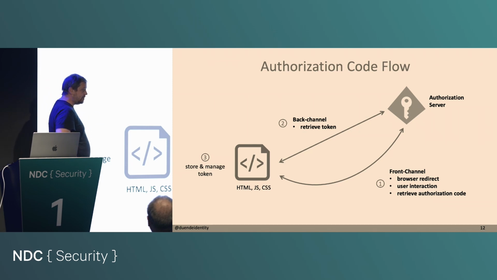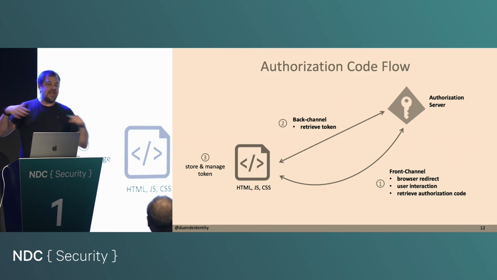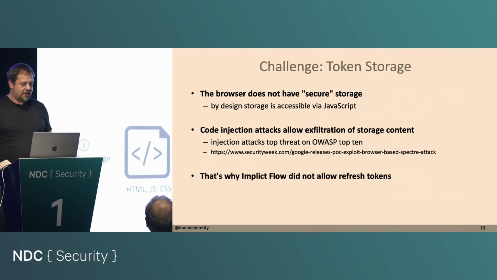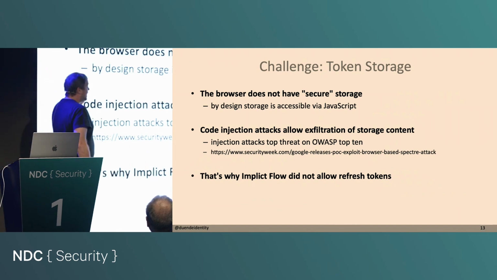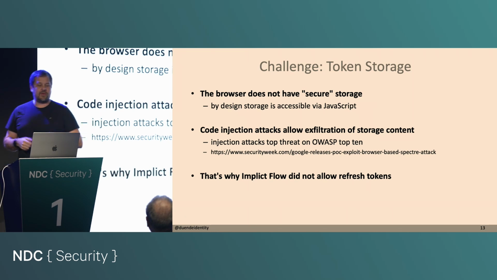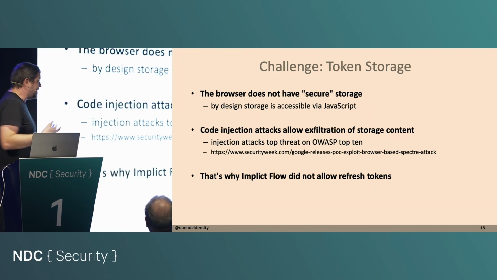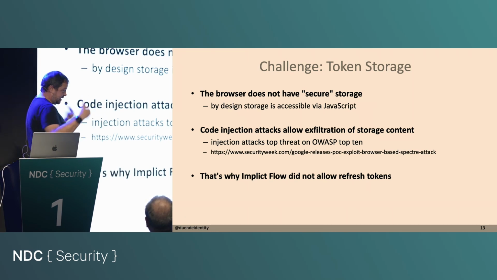Once you have cross-site scripting or other similar things, you can either exfiltrate that token or reuse some other state in the front end to get your own tokens. So that's the main problem here. Token storage is an unsolved problem in browsers. There is no secure storage in the browser. Every storage mechanism by design is accessible from JavaScript, and whatever is accessible from JavaScript is accessible from malicious JavaScript injected into your code.